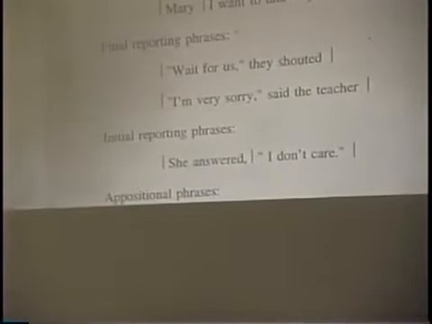Another tendency in English for word group boundary placement concerns appositional phrases. When you've got two phrases which refer to the same thing and have the same grammatical function in the sentence, they tend to be divided from one another by placing a word group boundary between them.